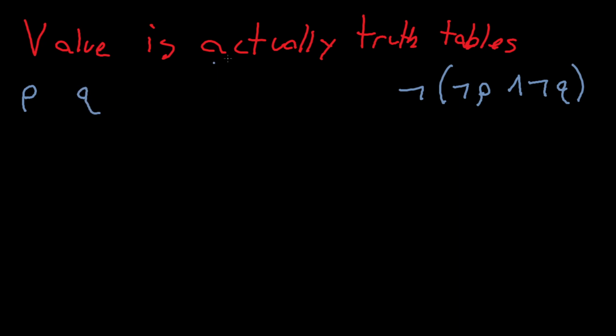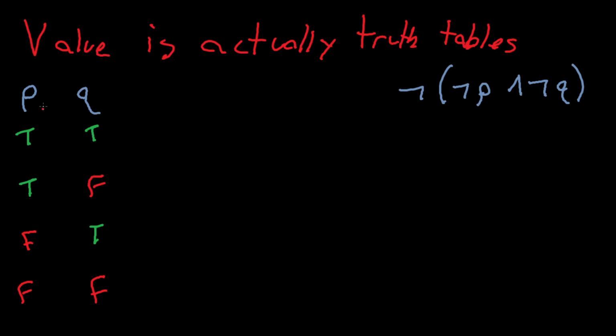Beginning with P and Q, the possible assignments are: both of them could be true, P could be true and Q could be false, P could be false and Q could be true, or P could be false and Q could be false, right? So I'm literally drawing a truth table, but in doing so, I'm going to explain precisely how this is in fact the definition of value.